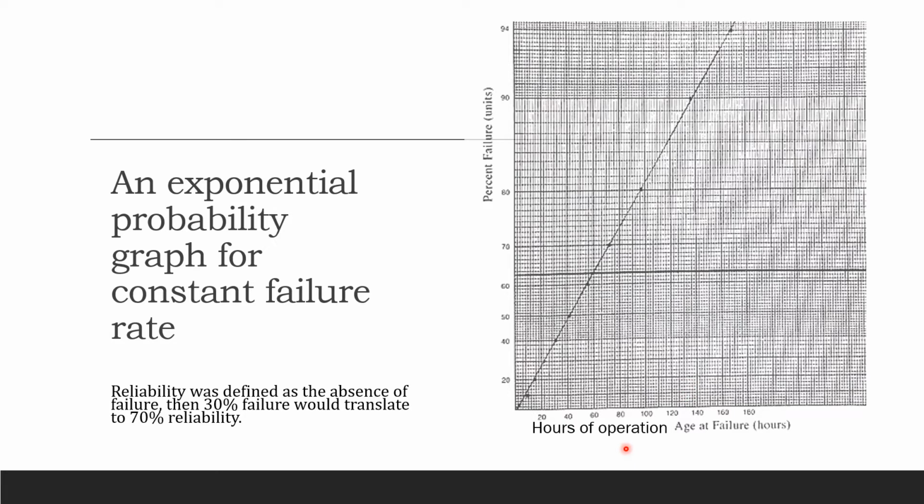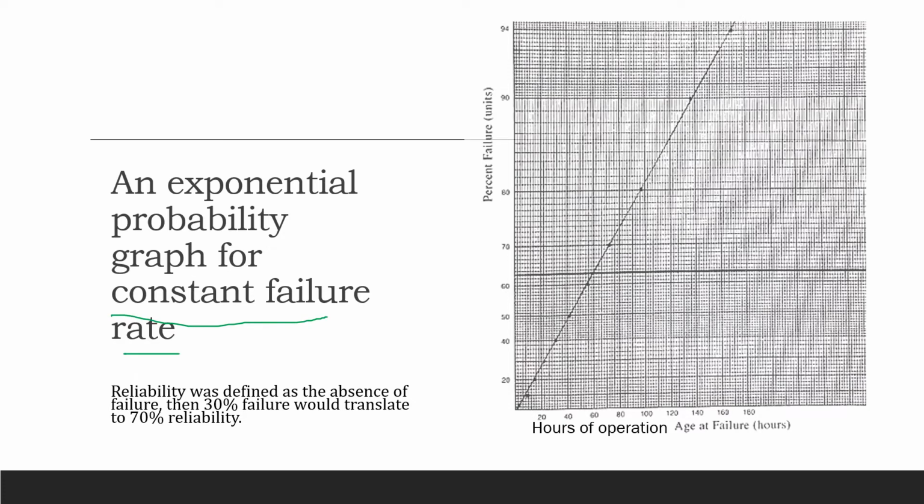The hours of operation represent the age at failure in hours, the same thing, because you're seeing at which hour the system is going to fail. So here we're looking at the percent failure of units. In this exponential probability graph, the failure rate is constant. That's why you're seeing an exponential graph right there.